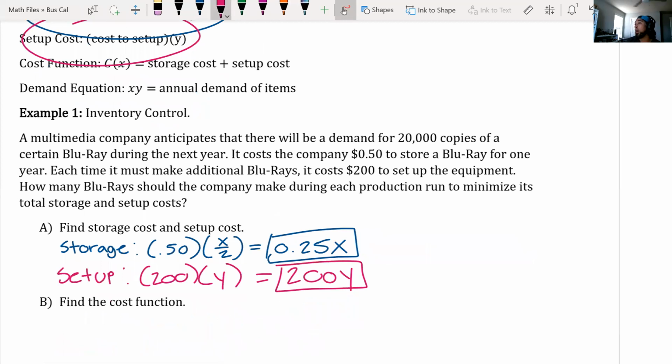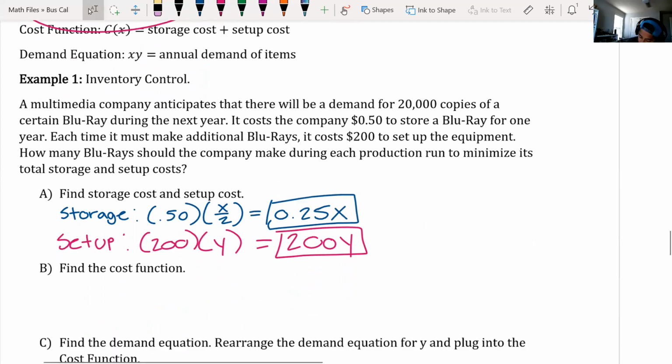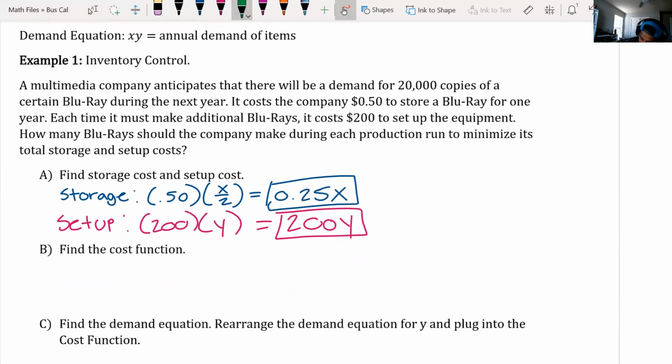Okay. And now we're going to create the cost function, which is made up of storage cost plus setup cost. So my cost function is 25x plus 200y.